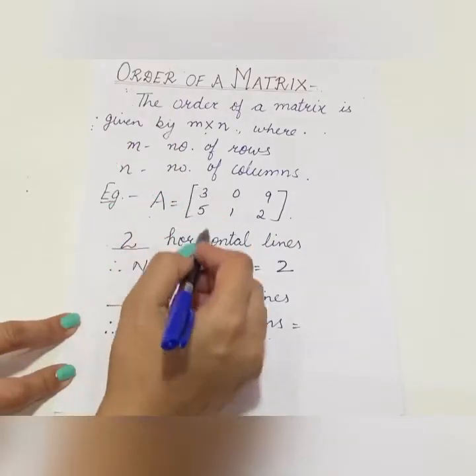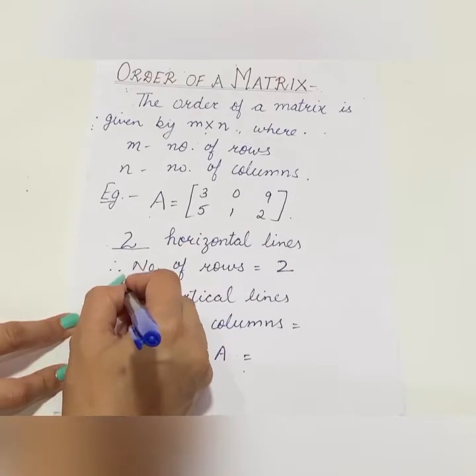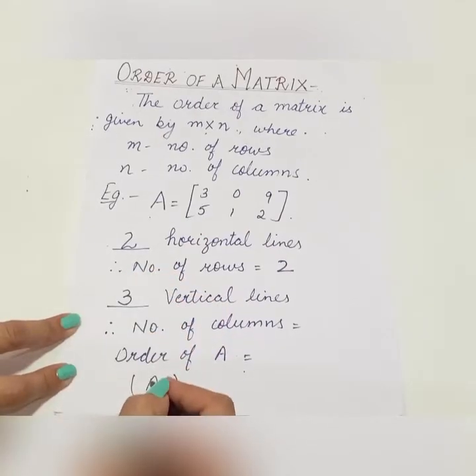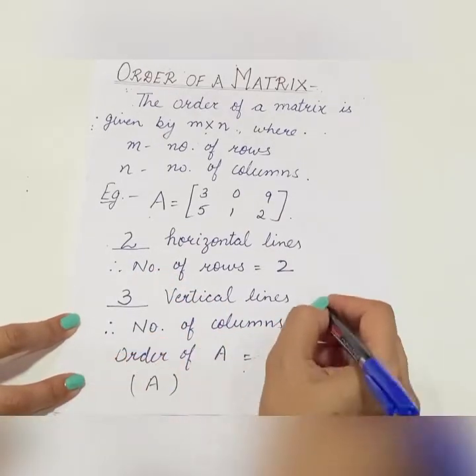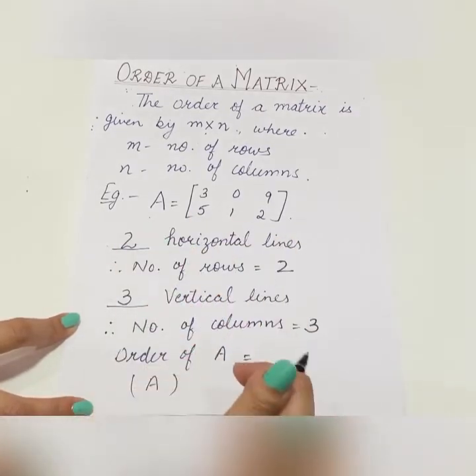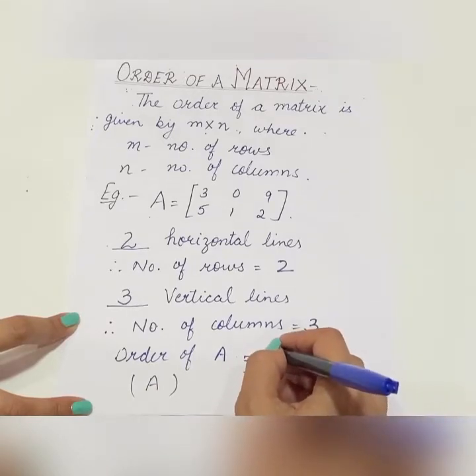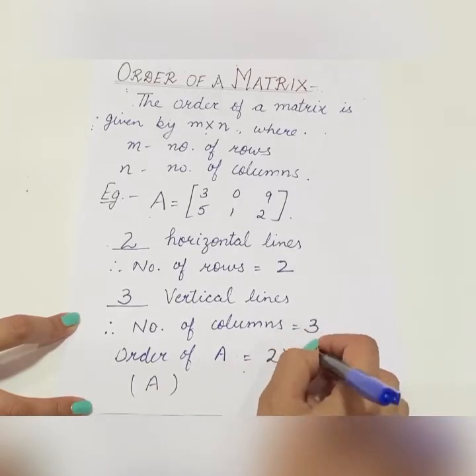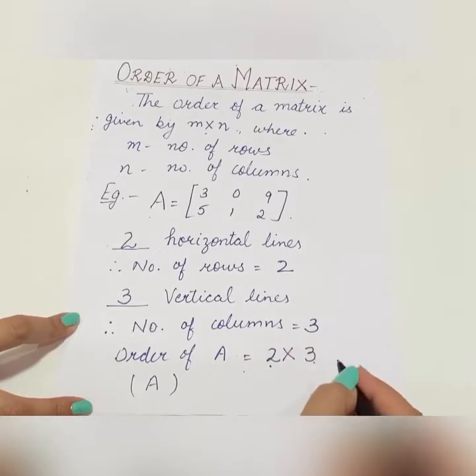Similarly, when we are considering the vertical lines, we have 3 vertical lines in this matrix. So the number of columns is 3. According to this, the order of matrix A is given by 2 by 3. 2 is the number of rows and 3 is the number of columns.